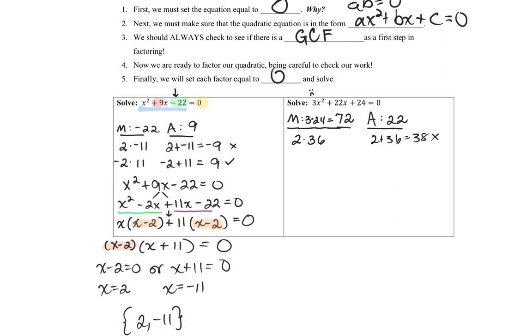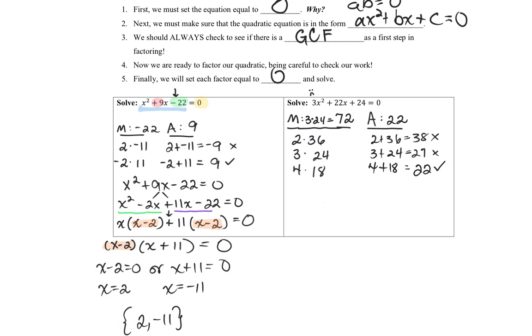Does 3 divide 72? Yes. Just get your calculator out. 72 divided by 3 is 24. 3 plus 24 is 27. Still not it, but we're getting closer. Does 4 divide 72? Yes, it's 4 times 18. Aha! And 4 plus 18 equals 22. So we found our two numbers.